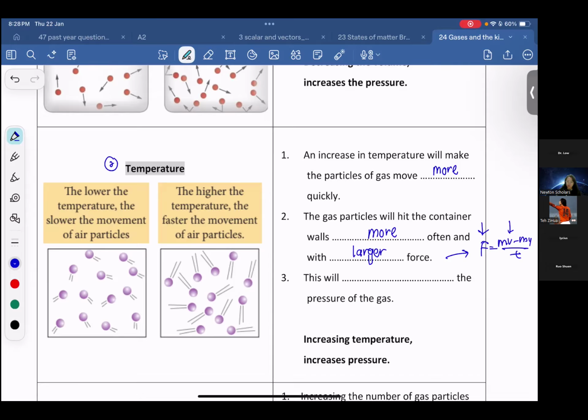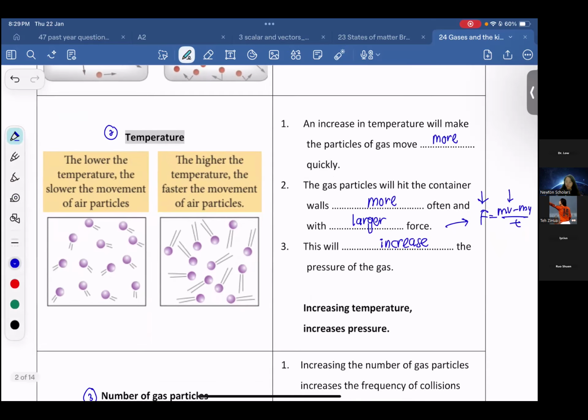Every single time they hit the wall, the force produced will be bigger than in the case just now. They collide more often and also with a higher force, so it will increase the pressure. Increase temperature, increase the pressure.